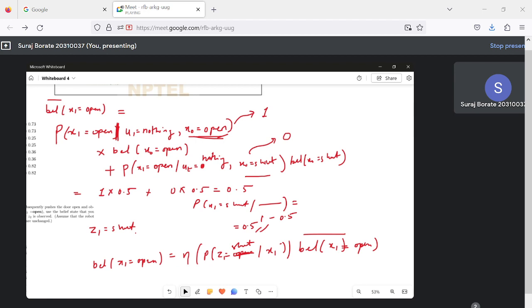Once we have the value of eta, you can just plug it into the above equations to get the belief. So belief of x1 equal to open is nothing but 1.538 into 0.2, because that is what our sensor model told us, and that into 0.5.